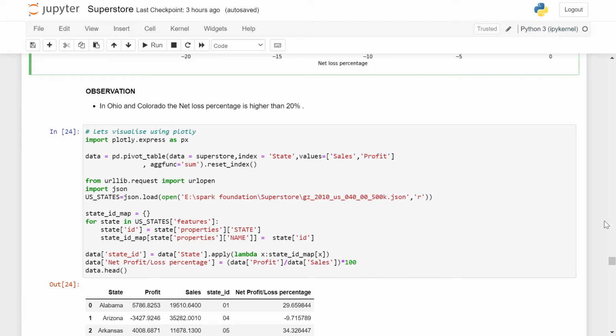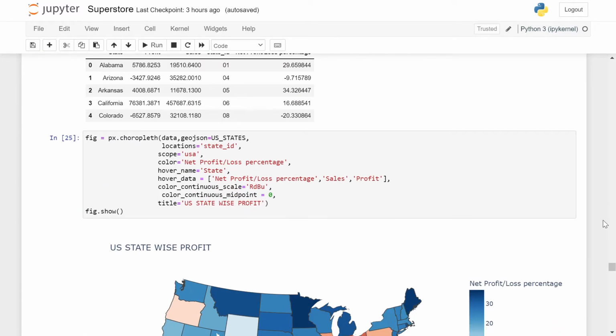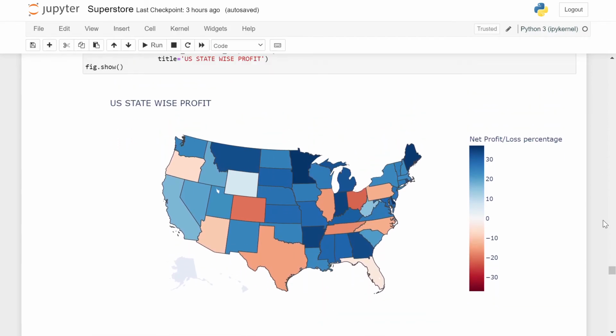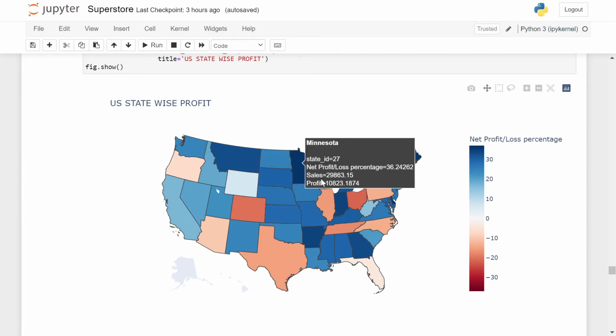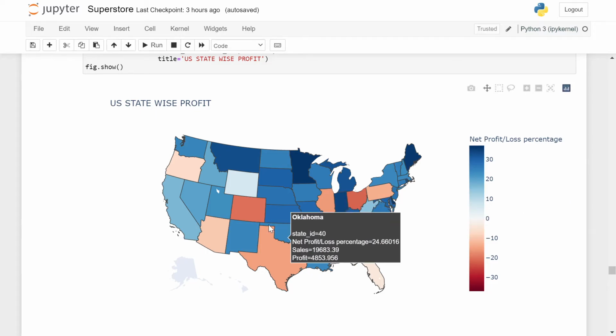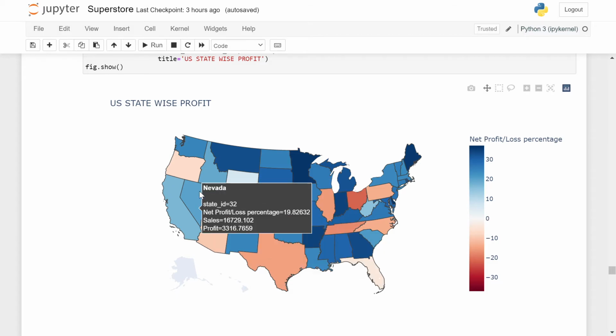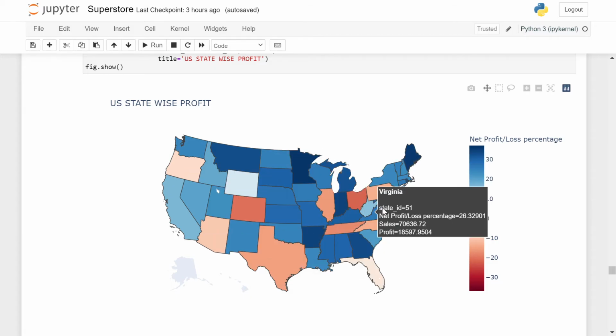Now I did a choropleth plot here, where we can easily visualize those 10 states. The more reddish ones are in loss and the more bluish are in profit. When you hover over it, you can see Texas has a net loss percentage of -15, and the reddish ones are in loss.